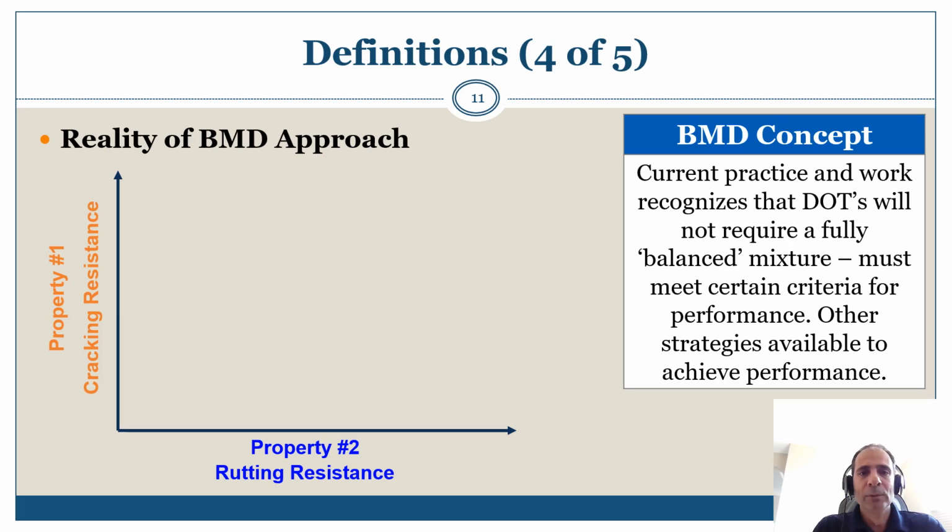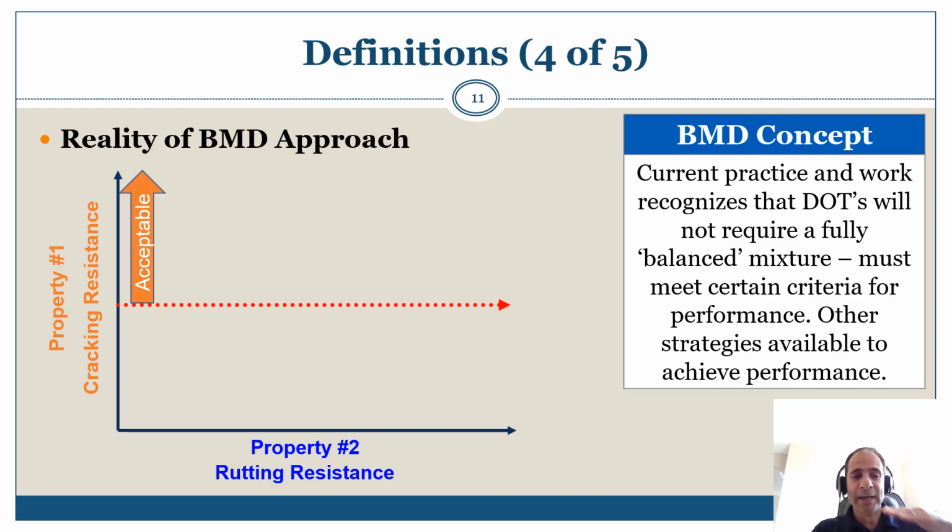Actually, as an example, we're showing over here what we call a mechanical testing diagram for the balanced mix design, where on the y-axis now we're seeing the first property, like the cracking resistance, and on the x-axis now we're seeing the rutting resistance. So going back to the same principle, we need to achieve a minimum cracking resistance, and we need to achieve a minimum rutting resistance.